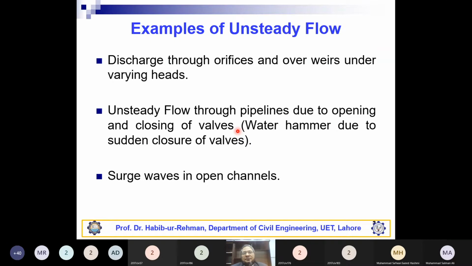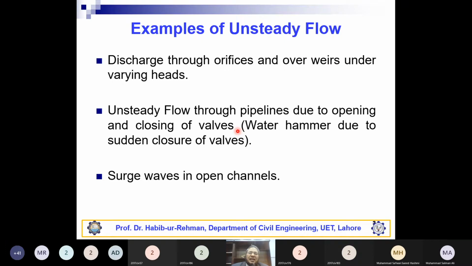We know very well, whenever we provide a valve at the end of a pipeline, once the valve is completely closed, how much is the velocity of flow? Zero, sir.